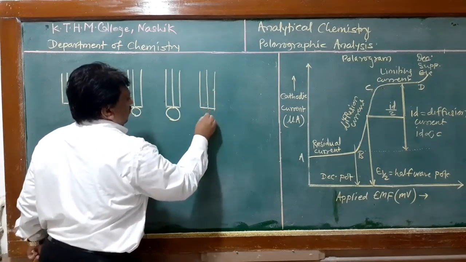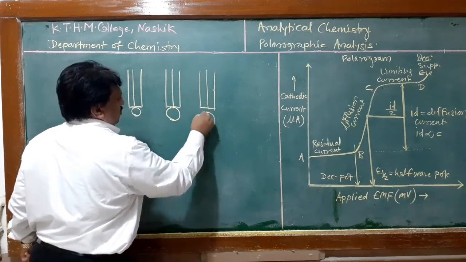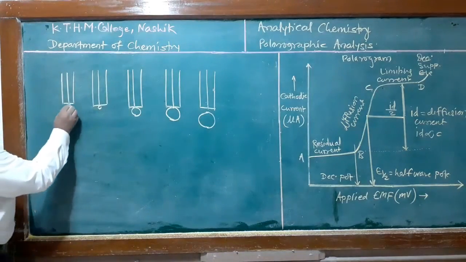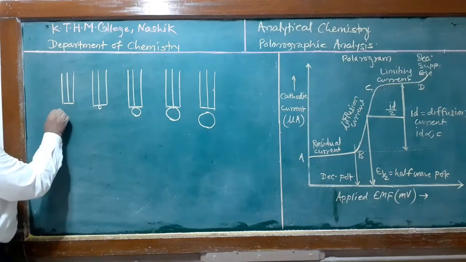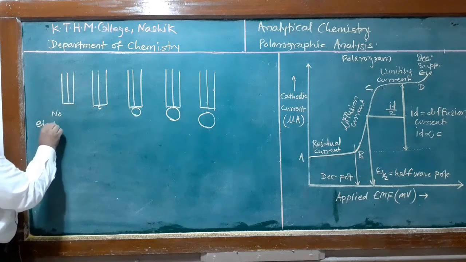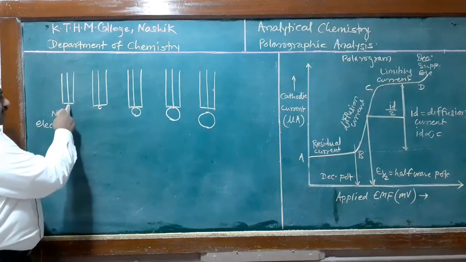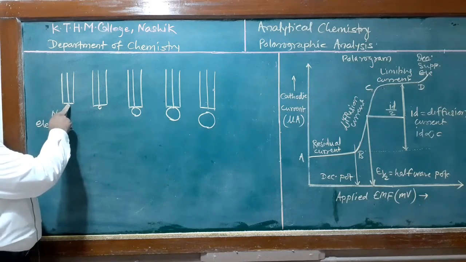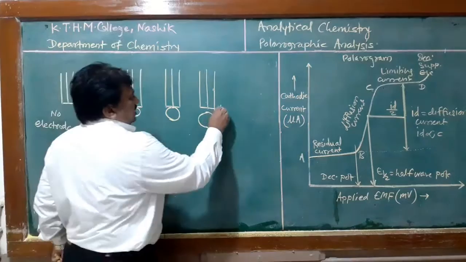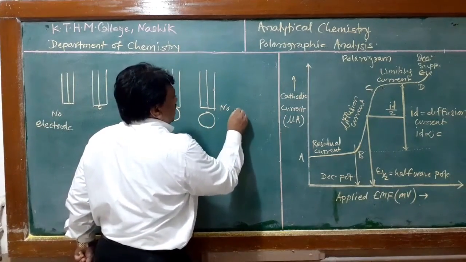Therefore, in this case there is no electrode. If mercury is present only inside the capillary, and not outside it, then it is not functioning as an electrode.